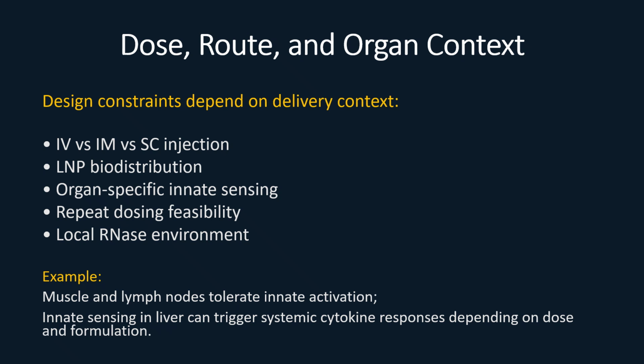So the difference is not whether activation occurs. Every tissue can detect RNA, right? The difference is whether activation stays local or becomes systemic. Route, dose, biodistribution, organ-specific sensing, repeat dosing feasibility, local RNA environment, all of these things change the design constraints.